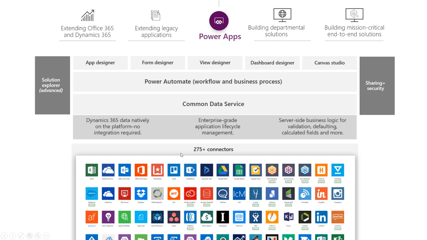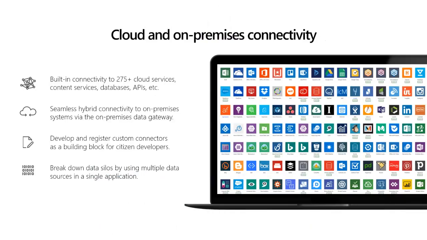And then, as Mr. mentioned, there are currently about 270 plus connectors available for you to use. This is a sample of the connectors that you can connect to: Excel, OneDrive, SharePoint, Google Drive, Salesforce, Twitter. And then Power Apps supports cloud and on-prem. If you plan to connect to your local data source, you have to install an on-prem data gateway.